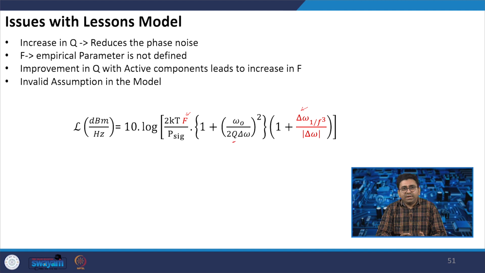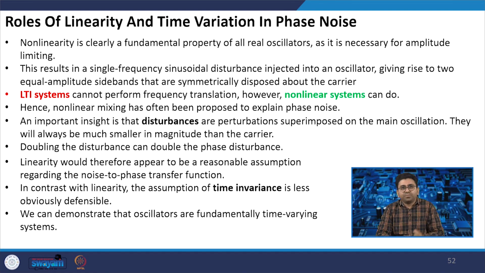So, we will try to see another model of phase noise, another way we can analyze the phase noise compared to this Leeson's model. In Leeson's model there is linearity, meaning we have considered a linear time invariant system, but in reality non-linearity is a fundamental property of a real oscillator, because without non-linearity we cannot have oscillation, and it is also necessary for amplitude limiting.